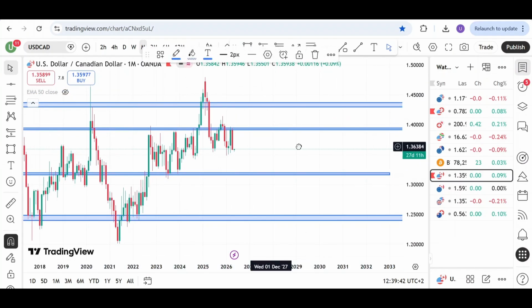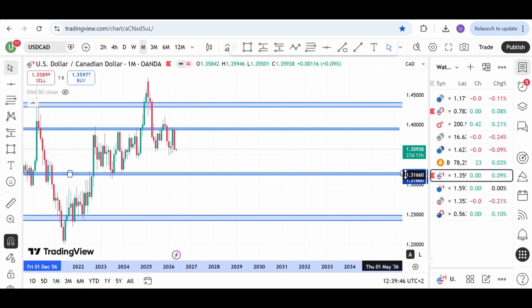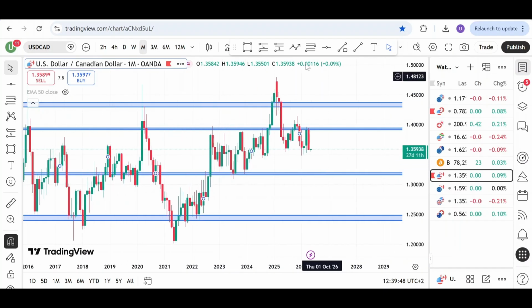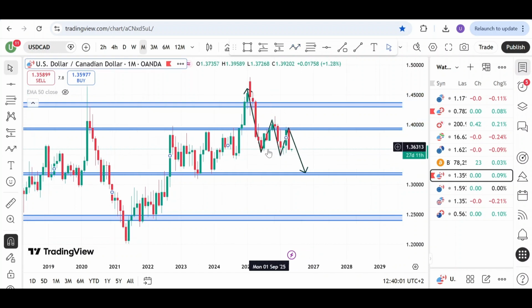As you can see, we are still in a downward trend, as I say. How? You see, I've been seeing a break of structure, lower low here, lower high here, lower low here, equal high here. Expect the continuation.